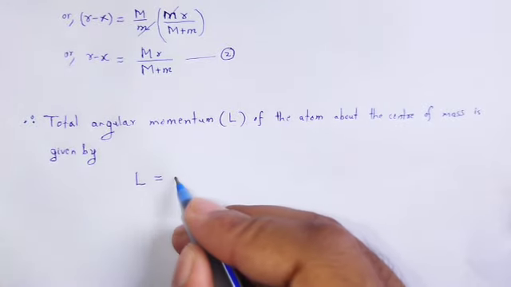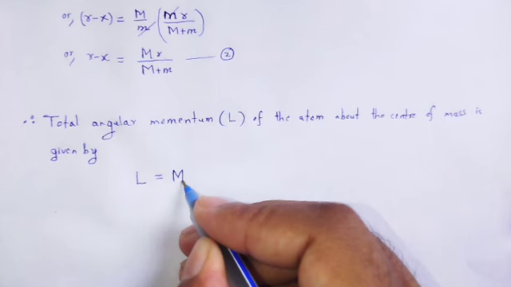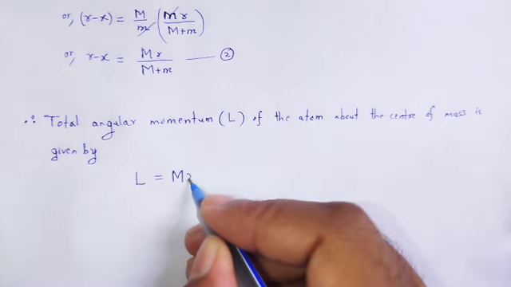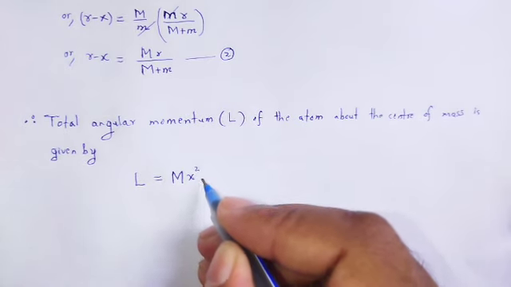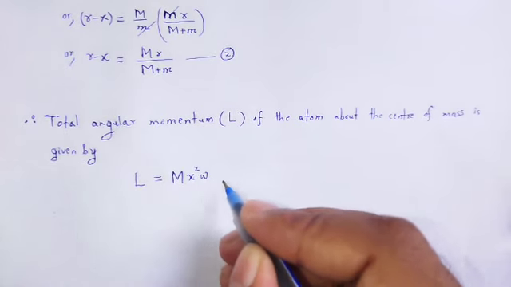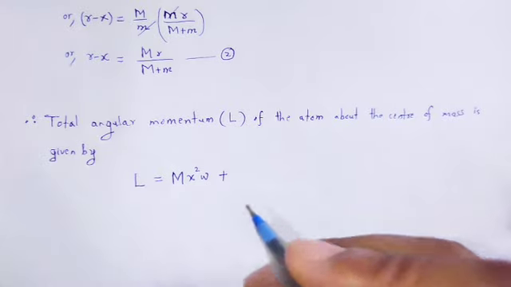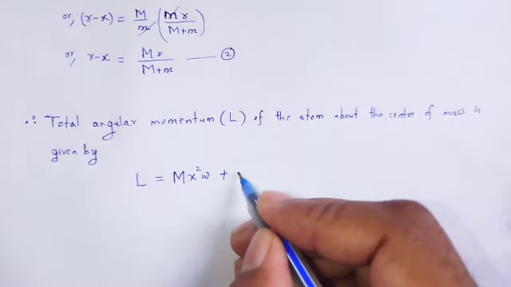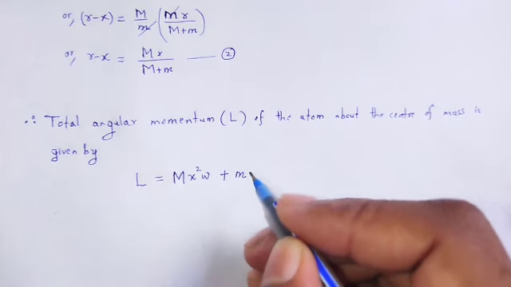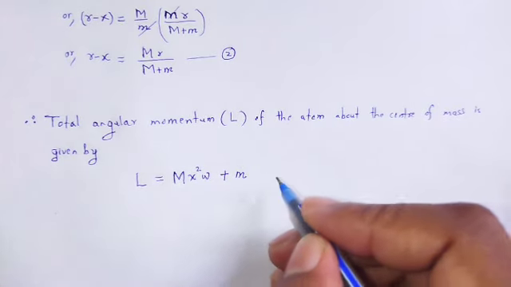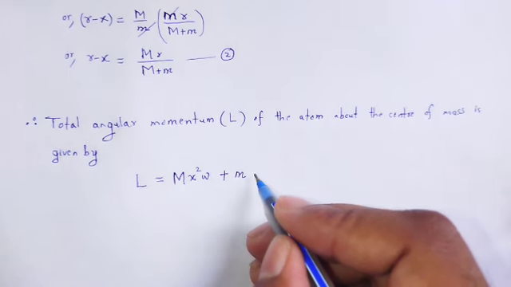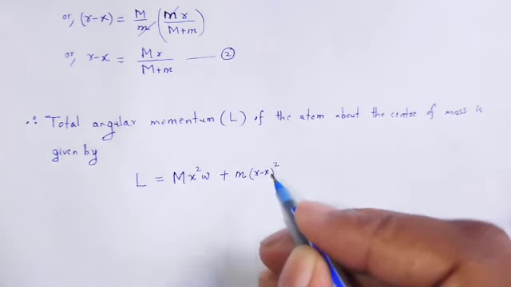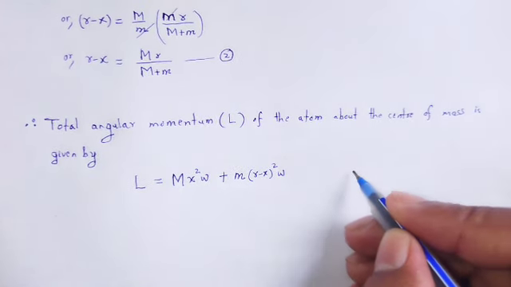Here the moment of inertia is mass and distance square from the center of mass, M x square, into angular velocity omega, plus for the electron, mass small m, square of the distance from the center of mass, r minus x square, into omega.